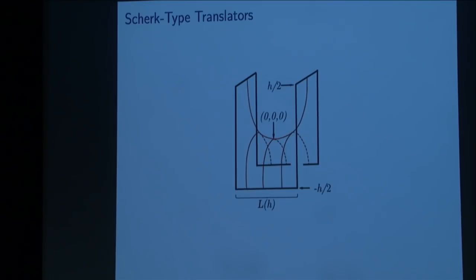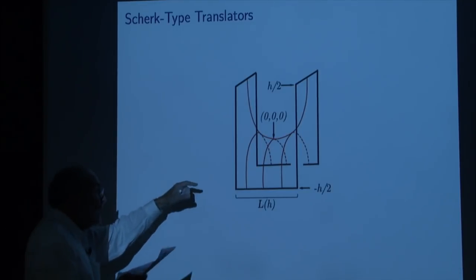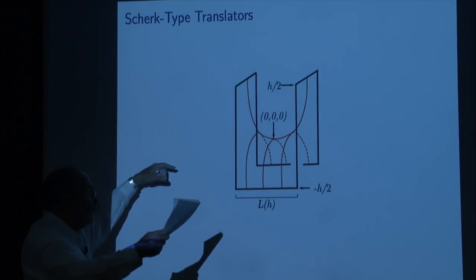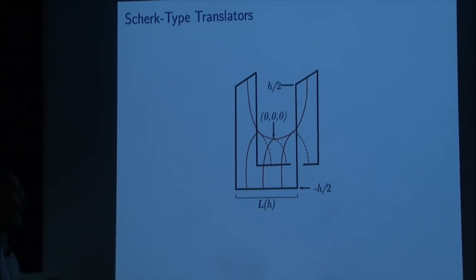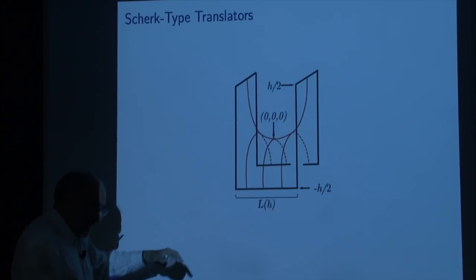Let me see if I can say it without writing it. Remember, the width is less than pi. If I do this and let this go farther and farther out, if L of H goes to infinity with H, then I get something defined over a strip.